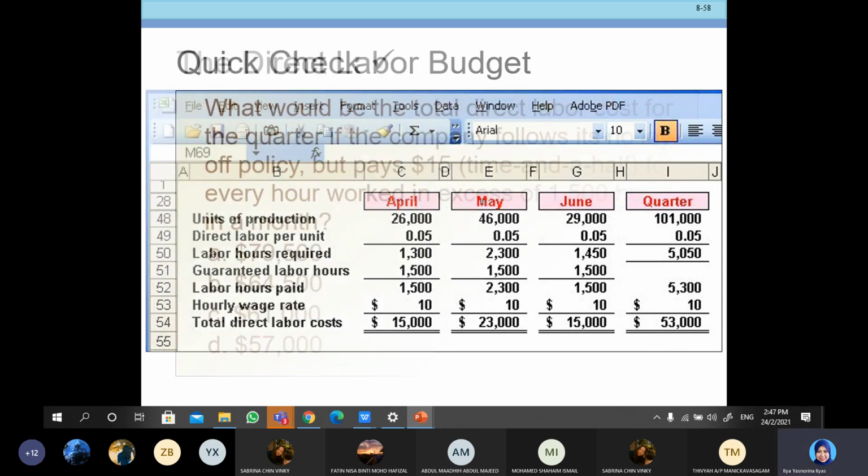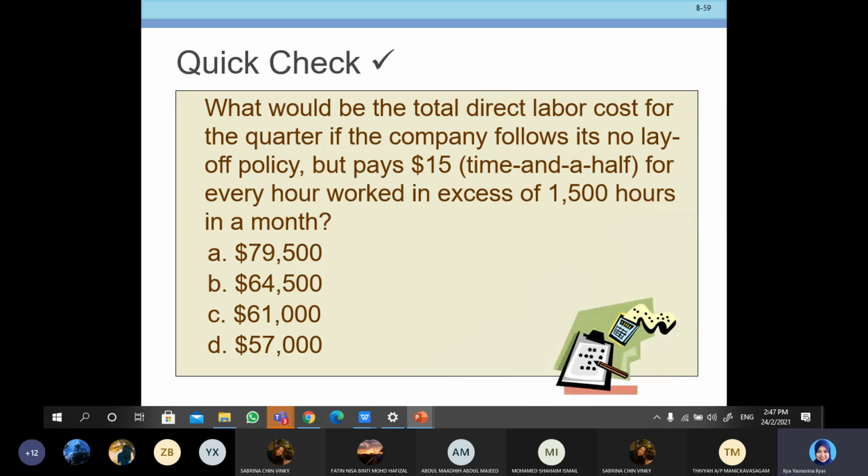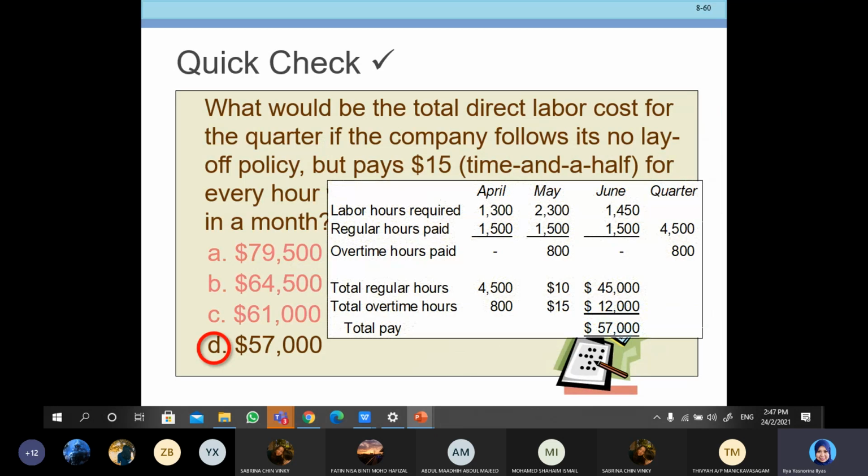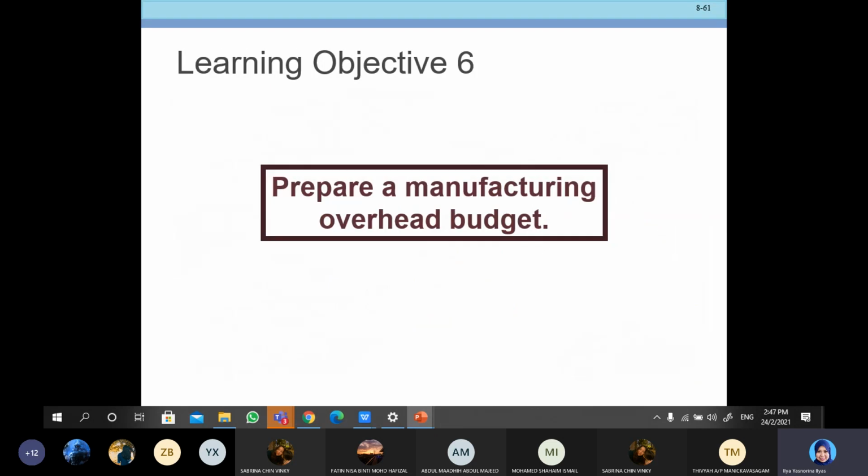Okay, very good. So I will proceed to, hopefully by 3 we can do our tutorial question. Manufacturing overhead budget. For manufacturing overhead budget, we are already aware that we have two types of overhead. One is variable, another one is fixed.